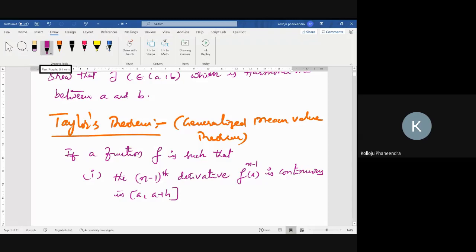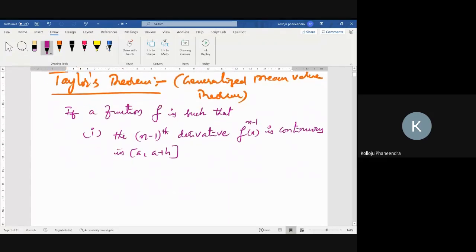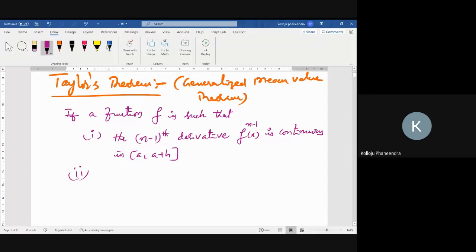The closed interval [a, a plus h] is the parametric form. So we are defining Taylor's theorem in parametric form.